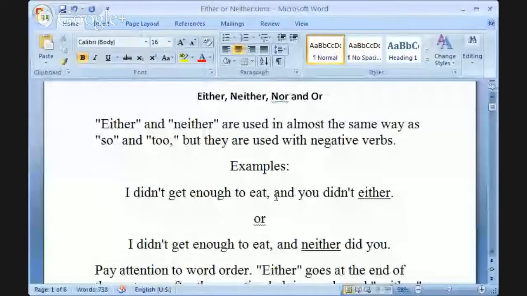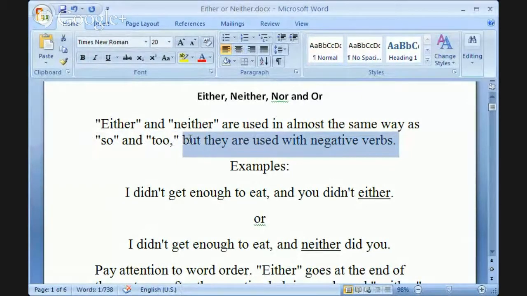Either/or, neither/nor. Let's talk about either and neither used by themselves. Basically, either and neither are used in almost the same way as the words so and too, but they are used with negative verbs.